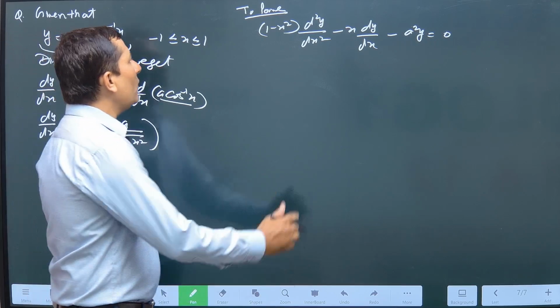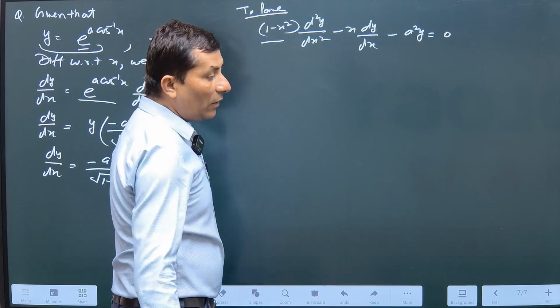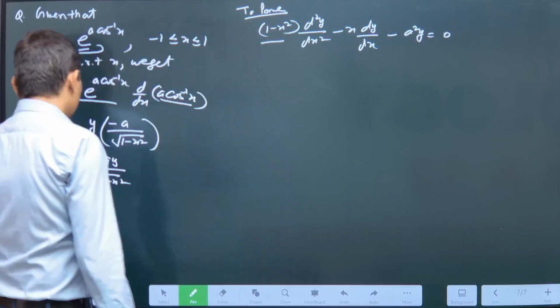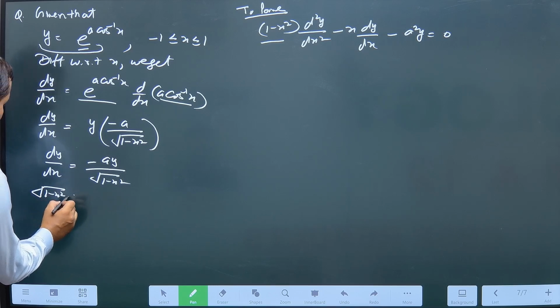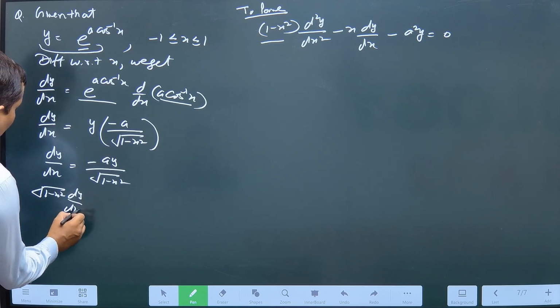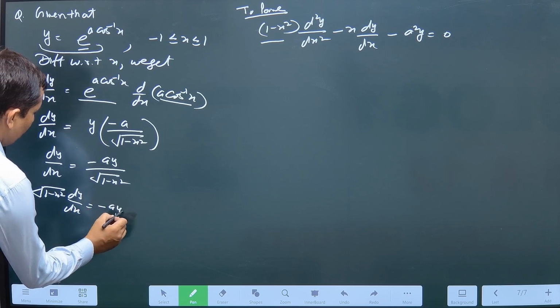According to requirement, what is needed? Without root, do cross multiply. Root 1 minus x square dy upon dx is equal to minus ay.